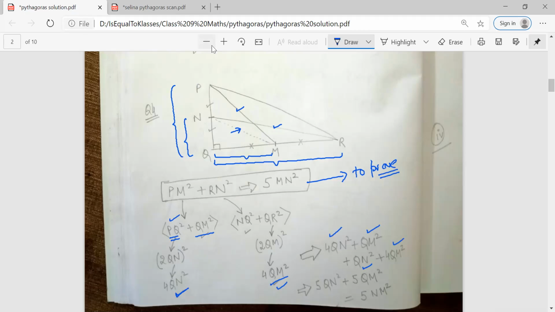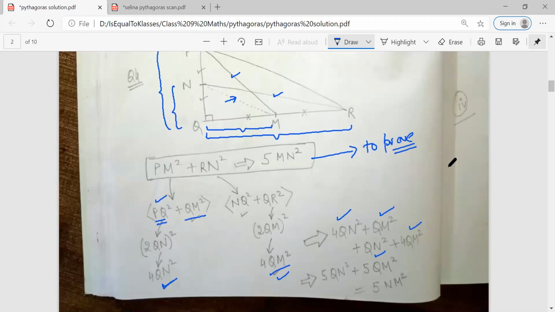So, is there any doubt? No, sir. So these questions require a little bit of practice, otherwise you won't be able to understand. So 4QN square plus QN square is 5QN square, and QM square plus 4 times QM square is equal to 5QM square. Any doubt? No, sir. Now if I take 5 common out, I am left with 5 times QN square plus QM square.